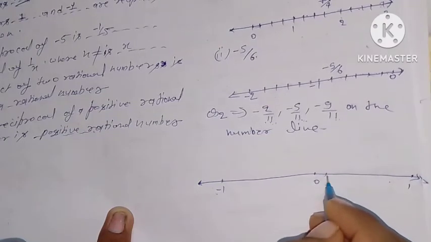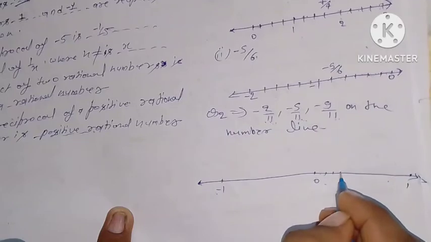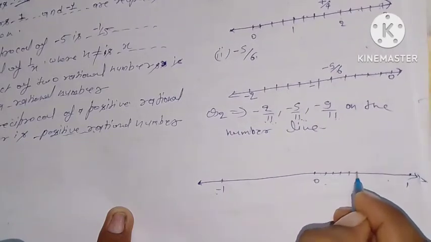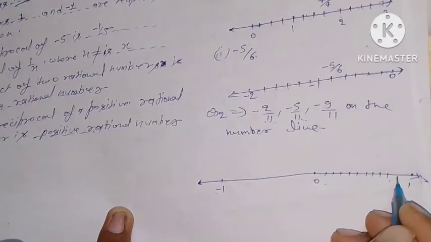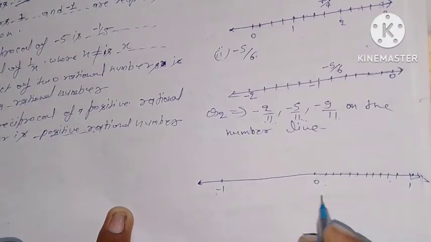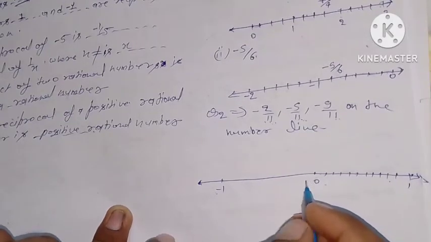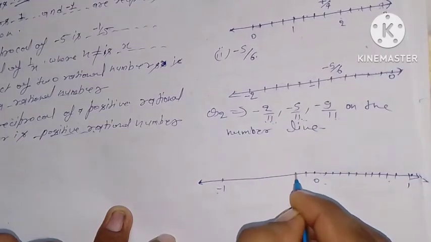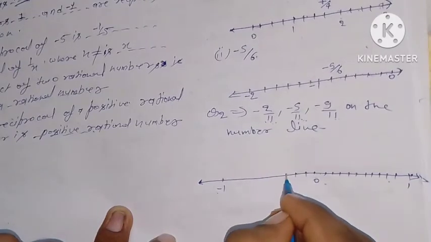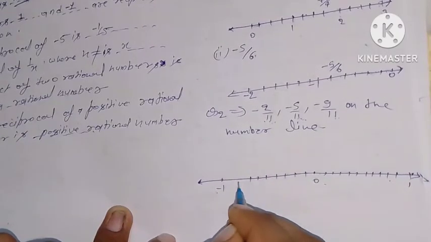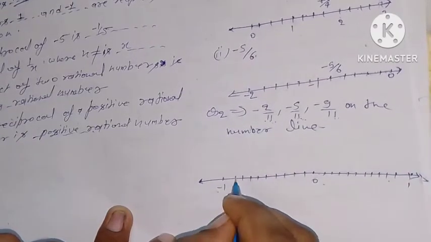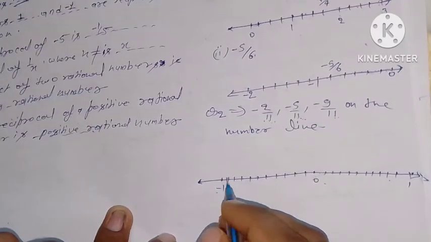Then 1 part, 2 parts, up to 11 parts. And on the left side from the 0, 1 part, 2 parts in the negative direction, and so on up to 11 parts.